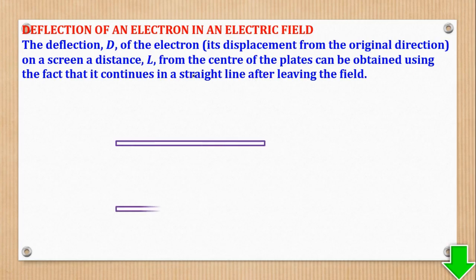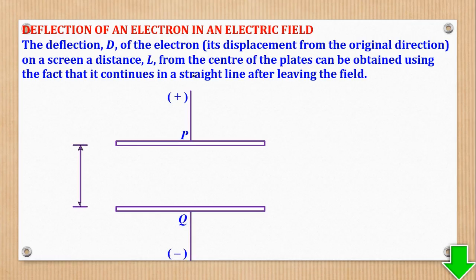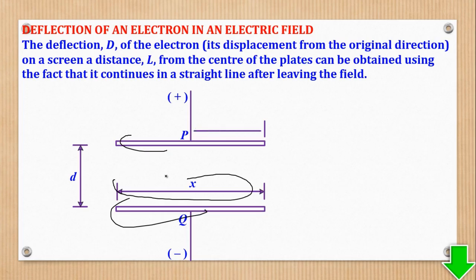So let's first illustrate. We shall put the plates which provide the field, and those plates are separated. So P and Q are the plates. The length of the plate is x. That means half of it will be half x, and the separation of the plates is d.